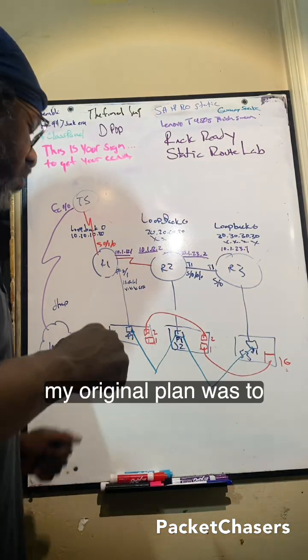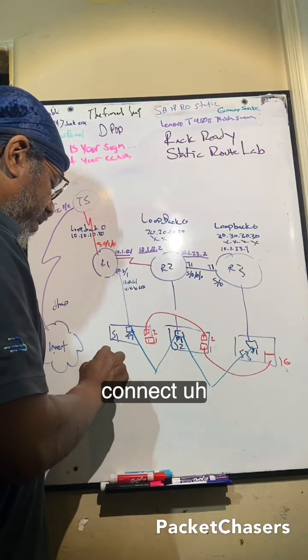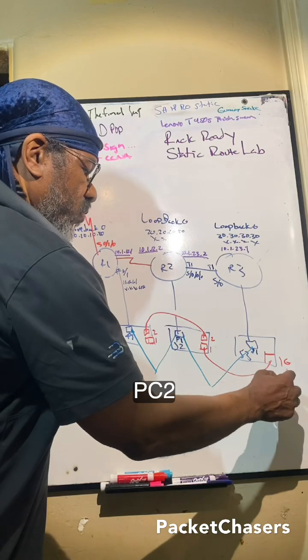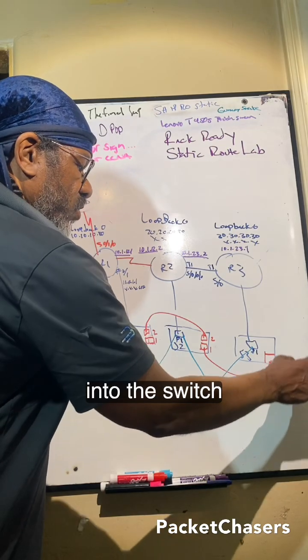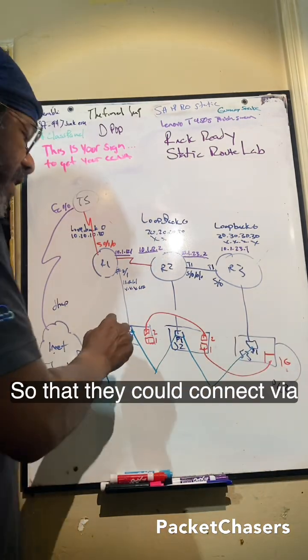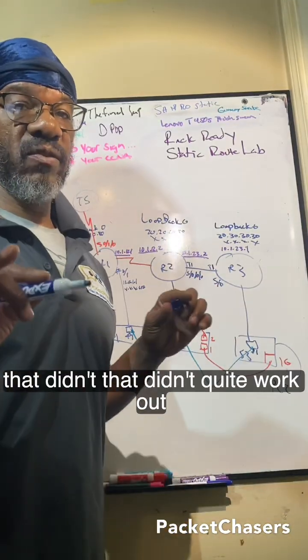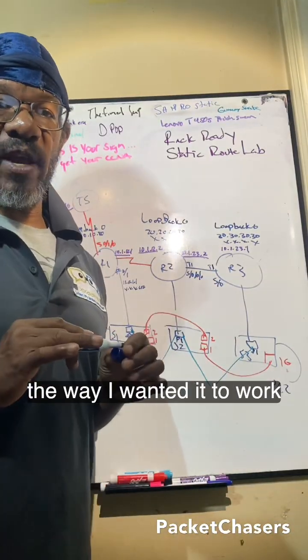My original plan was to connect PC1 and PC2 into the switch network so that they could connect via VLAN and do their thing. But that didn't quite work out the way I wanted it to.